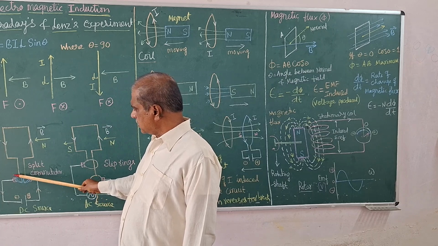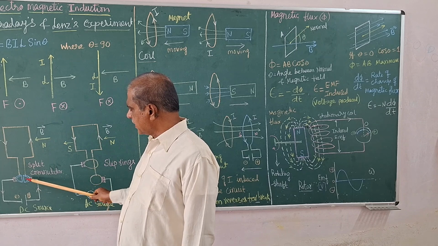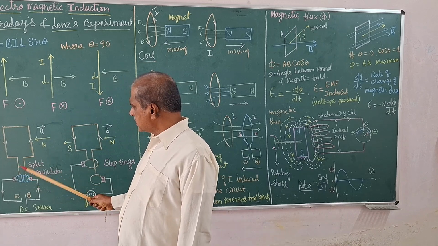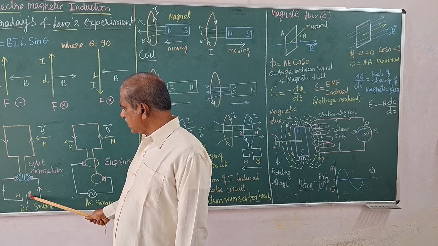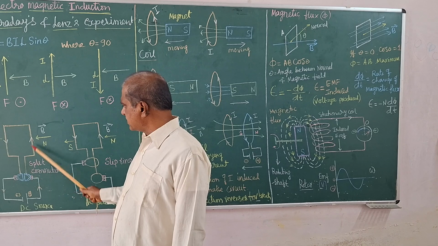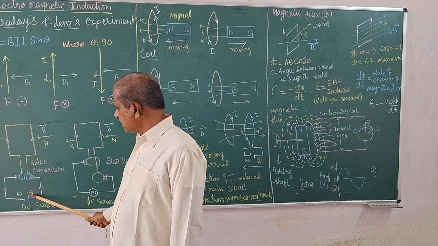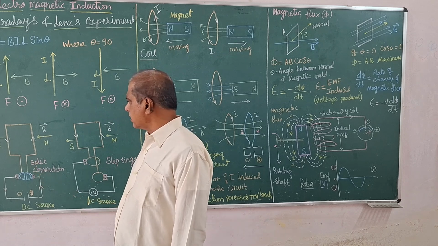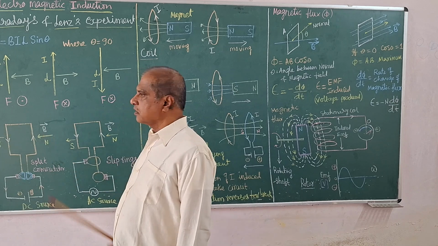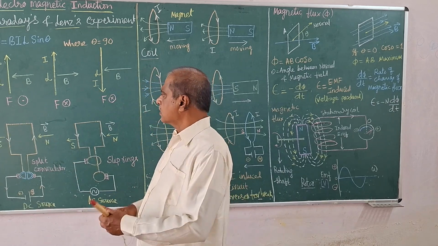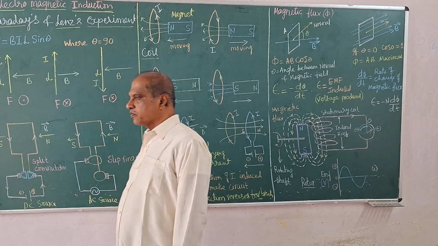With this design, the split commutator changes the polarity with every half rotation, so the plus remains the same. This results in the same direction of current at every moment, and the coil keeps rotating continuously because of the split commutator.